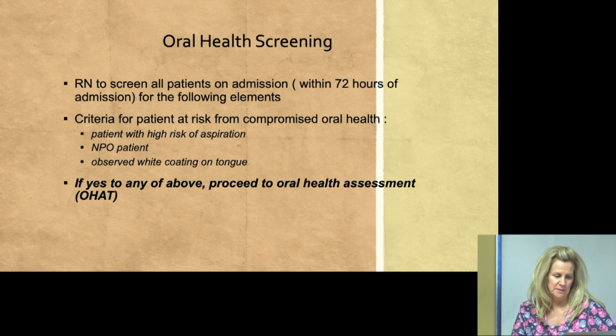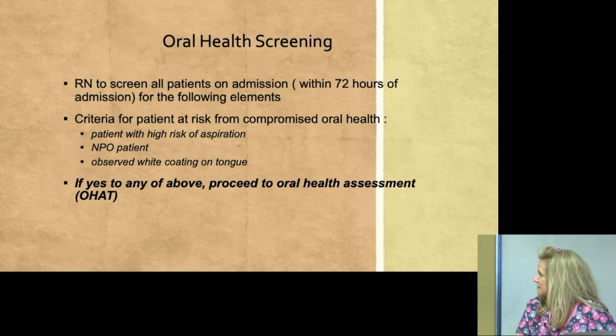The criteria for patients at risk from compromised oral health are patients at high risk of aspiration, NPO patients, and those with a white coating on the tongue. If yes to any of the above, proceed to the oral health assessment given by the RNs.